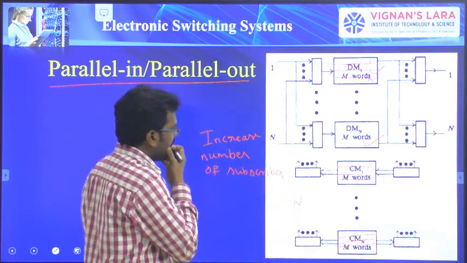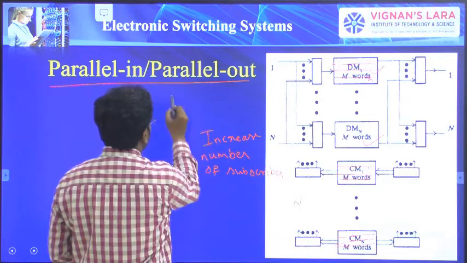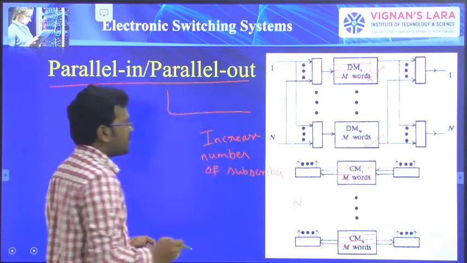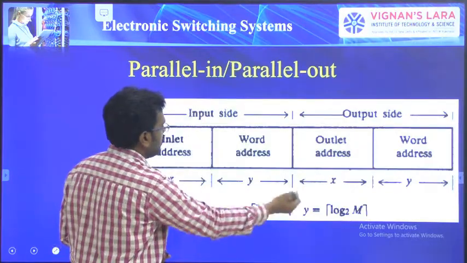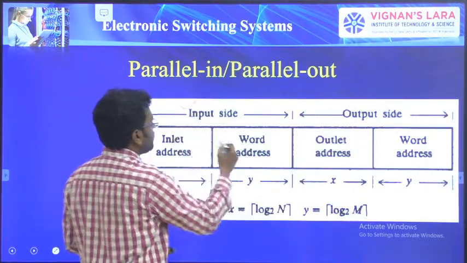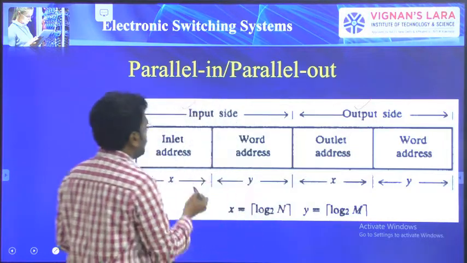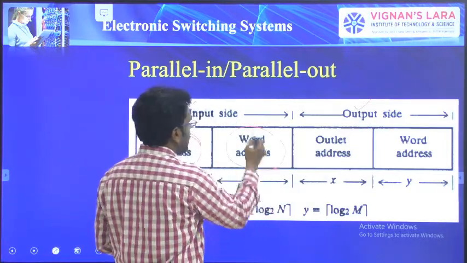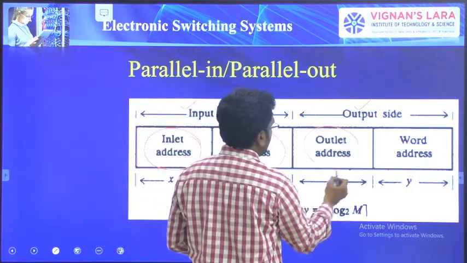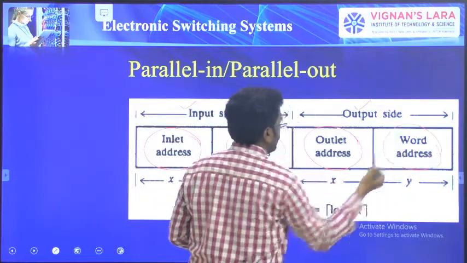Generally here again it contains two words. So we can divide this control memory into two parts like this. It contains the input side as well as the output side. The input side contains the inlet address and word address. Similarly, the output side contains the outlet address and the word address.